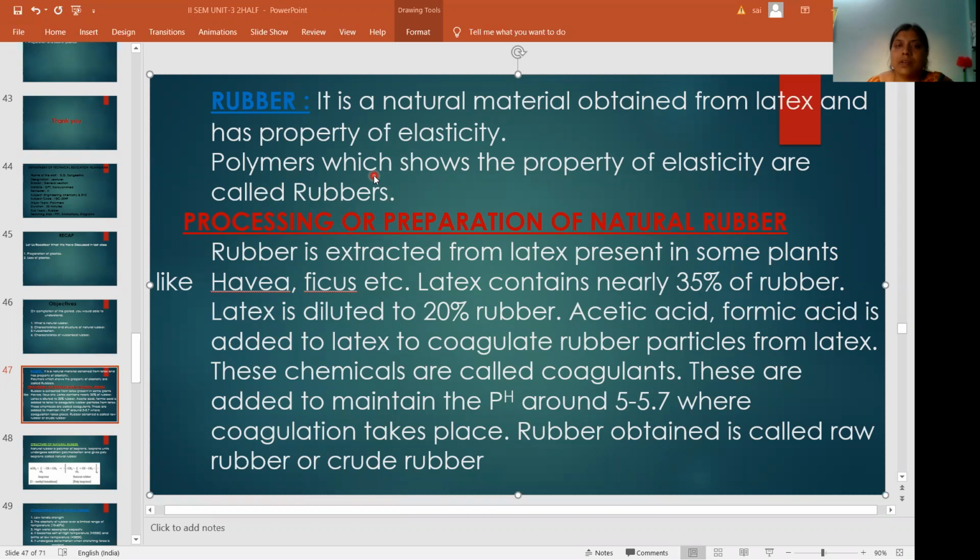Then coagulation will take place. Coagulation takes place because of these chemicals, which maintain the pH around 5 to 5.7. That's why these are called coagulants. Then whatever rubber you get is called raw rubber or crude rubber.